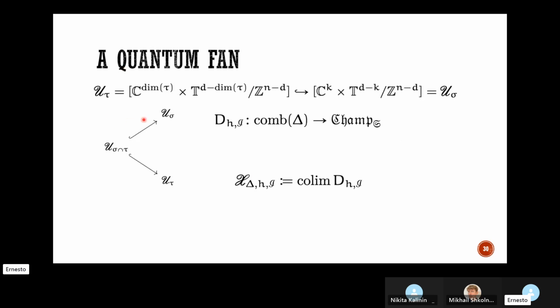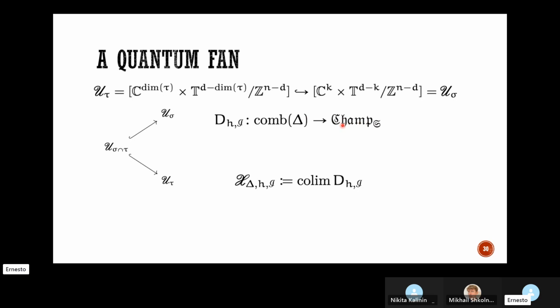So if you have cones now, one cone, another cone, and the intersection of the cones, then you have this functor from the category that has cones and inclusions of cones, that we will call the combinatorial category of the fan, to the category of stacks, analytic stacks with an action of an abelian complex group.